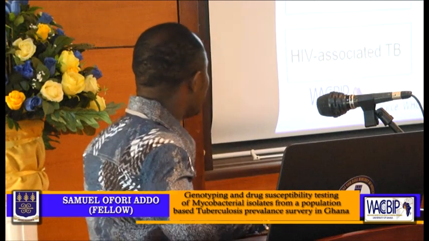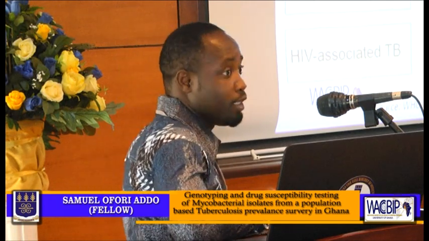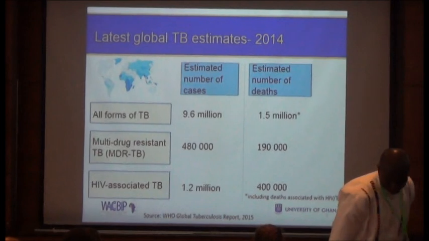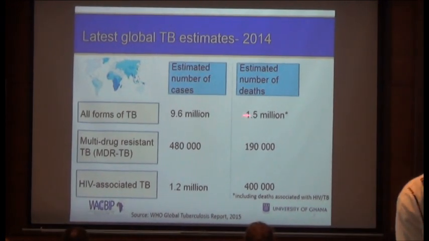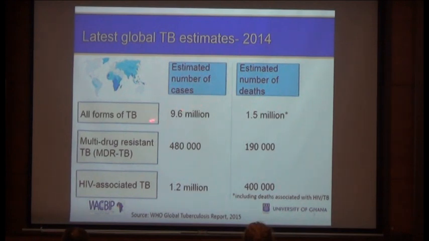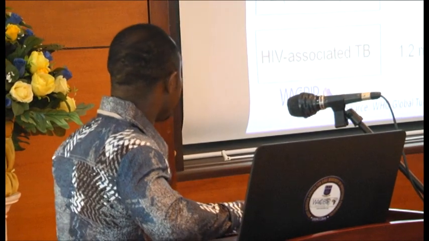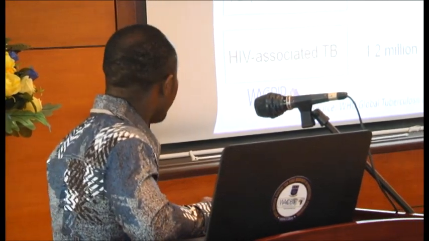From yesterday and today, the two earlier presenters on TB have given some statistics, so I don't want to bother you much. But what I want to talk about is that these are notification data which are presented to WHO by individual countries' NTPs, that's the tuberculosis control programs.